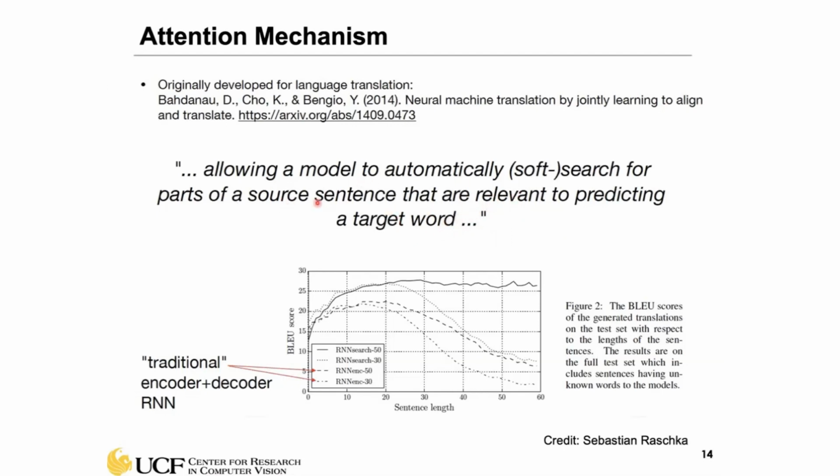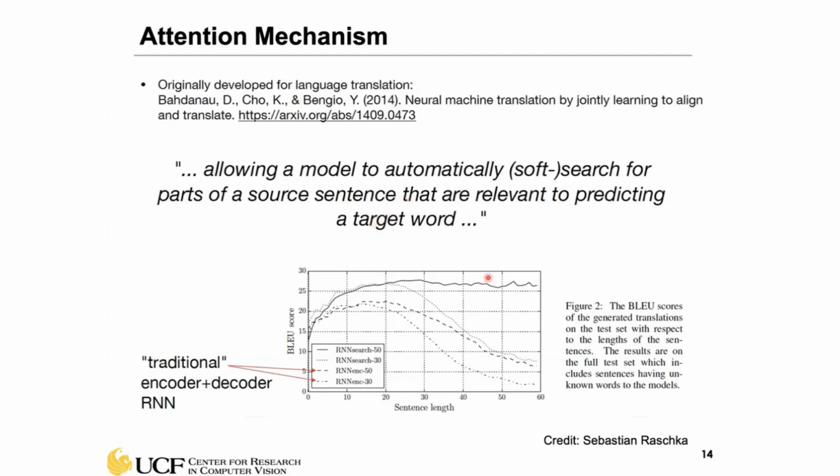Instead of memorizing the entire long sequence, which may not work very well, can we search for the part of the sentence most relevant to predict a target word? In translation, not all the words are necessary to predict a particular target word. So we don't have to memorize all of them, but can find the important, salient parts and memorize just those, and hopefully this will give a very good prediction.